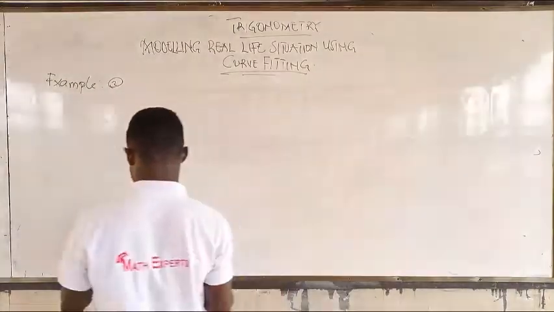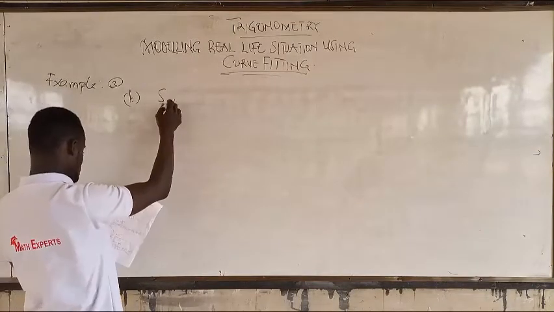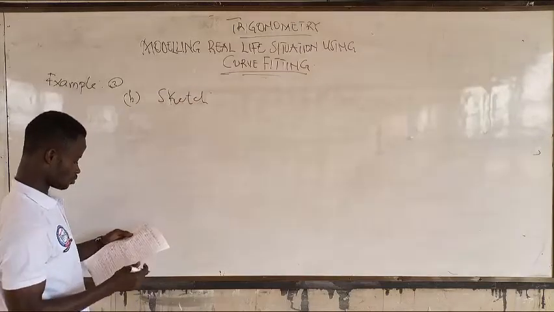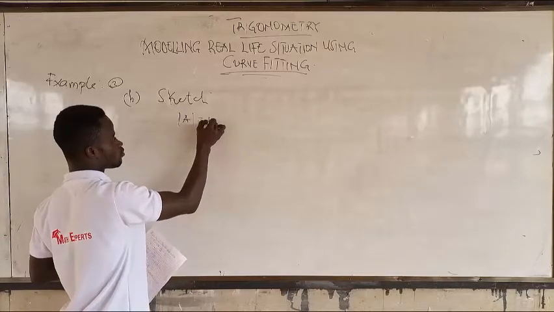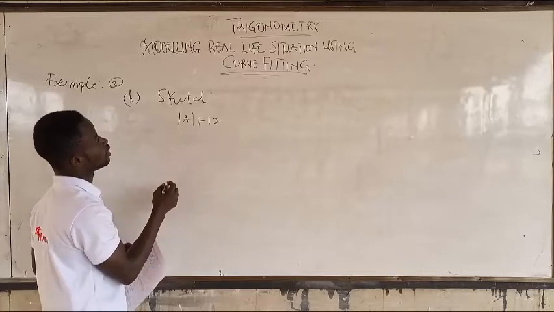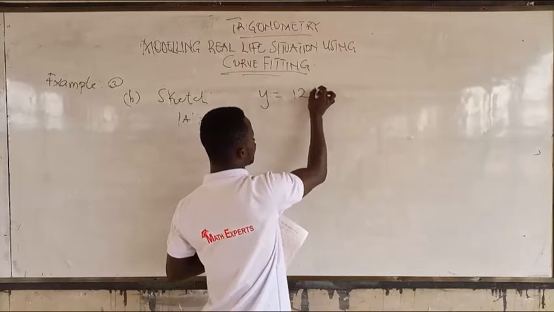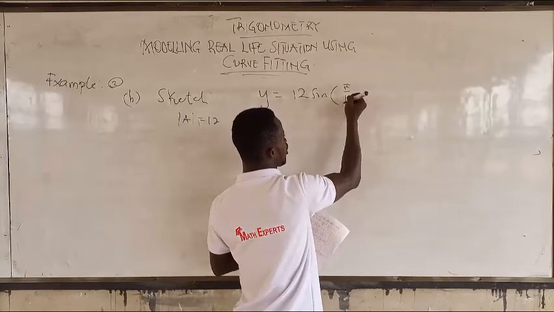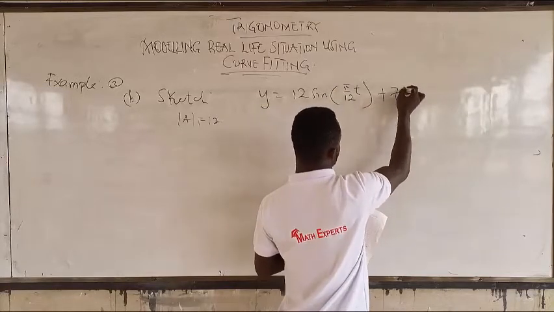Alright, so B, that is the sketch. Now we know that the amplitude is 12, and we know that the equation is 12 sine pi over 12 t plus 73.